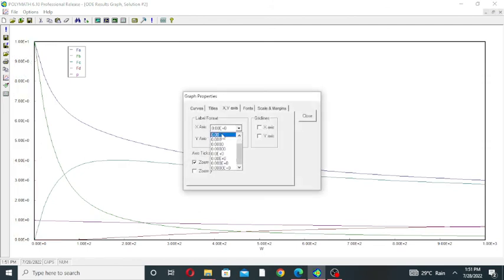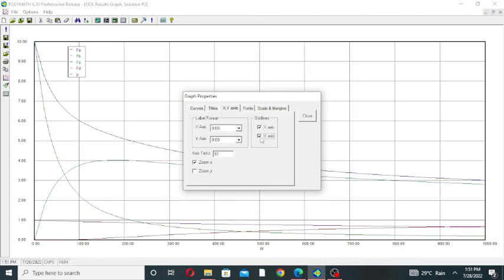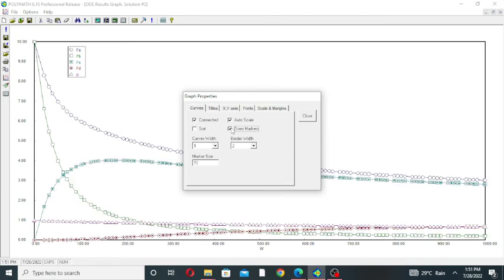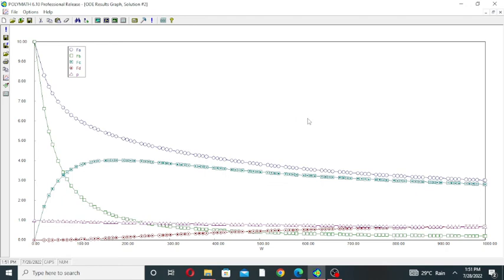I am changing the X and Y. This is the grid line, if you are interested, but I am not interested. This is the XY, the font size, scale and margin. These are the curve, draw marker. You can also decrease the border width. Now I am closing it.